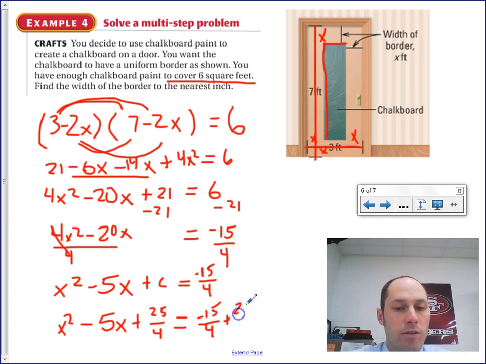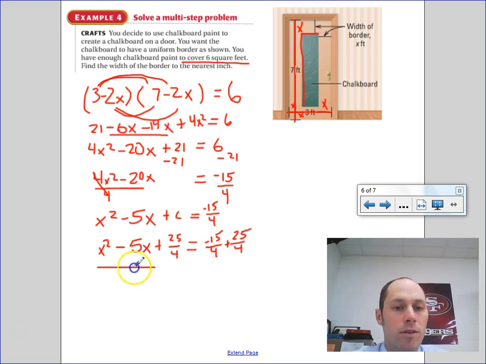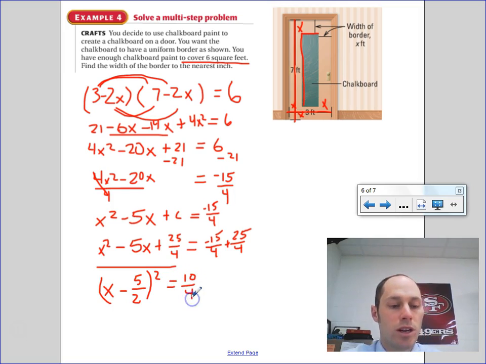And now we've got to simplify. So if I factor this expression down, I get x minus 5 over 2 squared, because that's our perfect square trinomial. And that's going to equal 10 over 4, which I know will simplify as 5 halves.